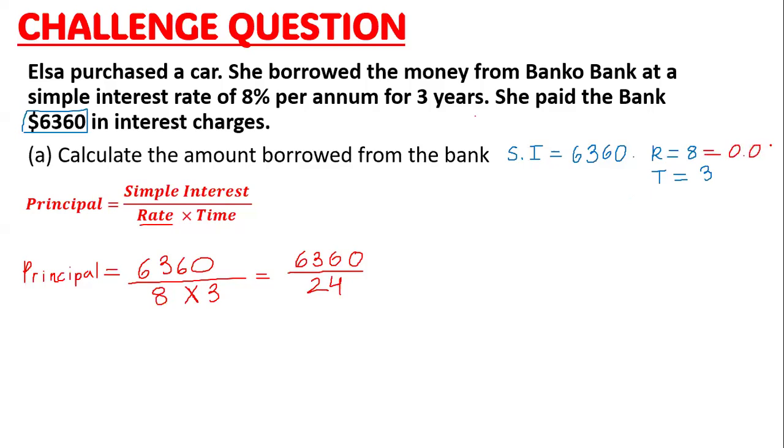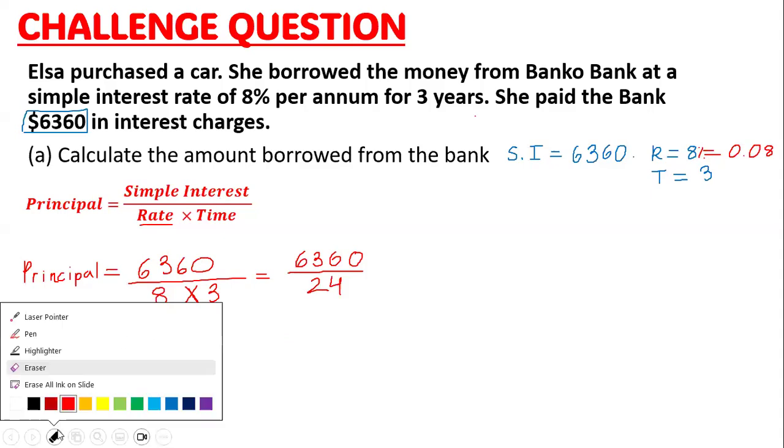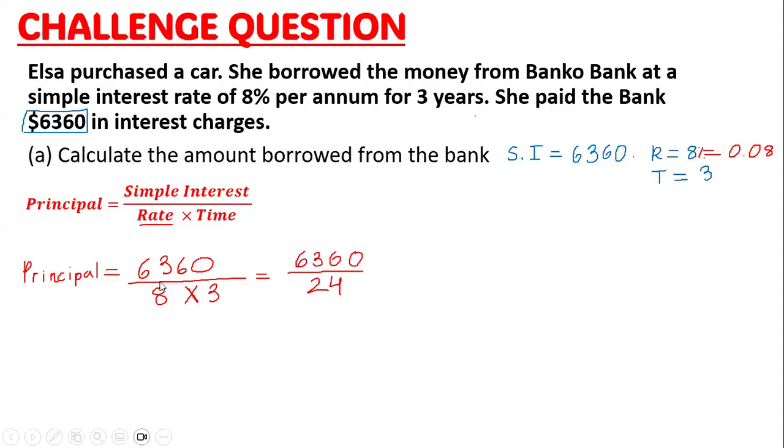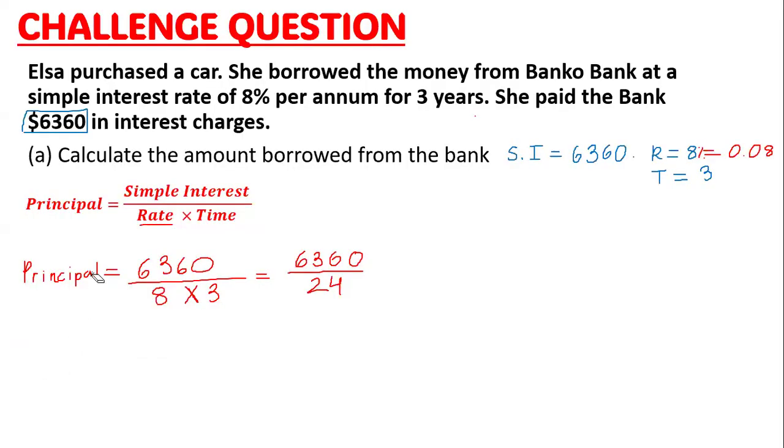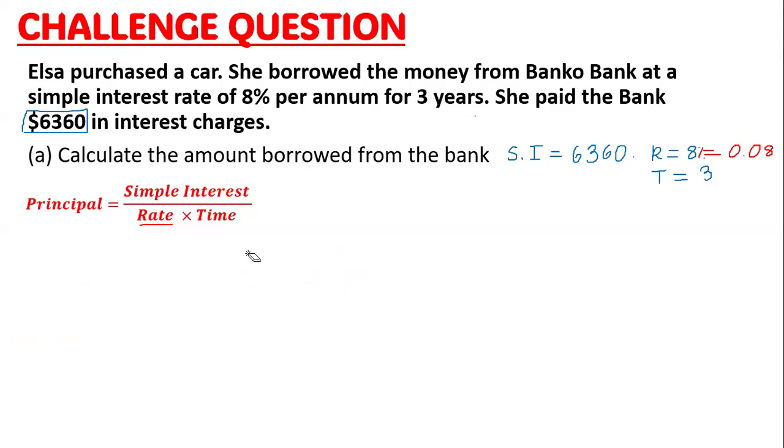All right, so we were right the first time with 0.08. I don't want to make it difficult, so let me change this formula, because this is a formula we're going to keep using.